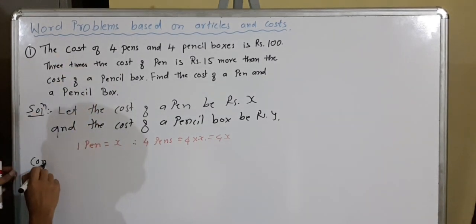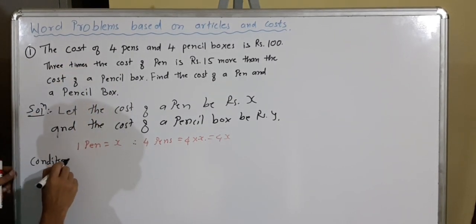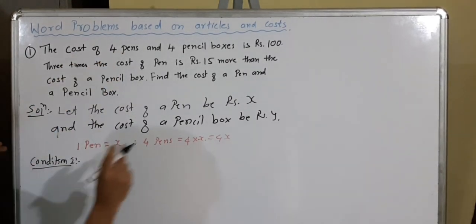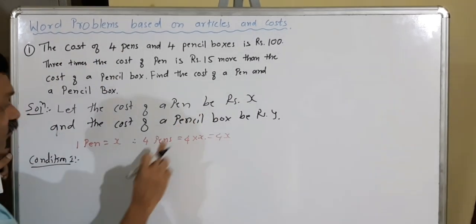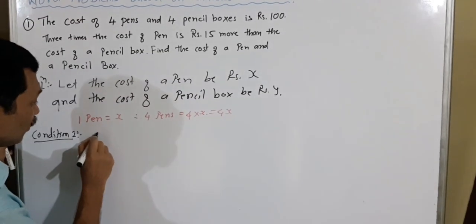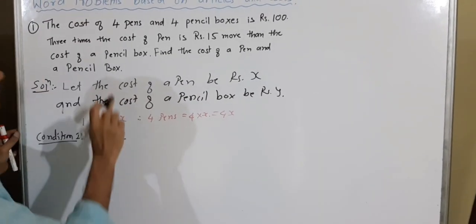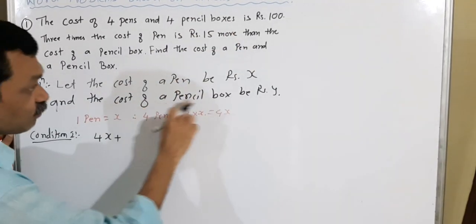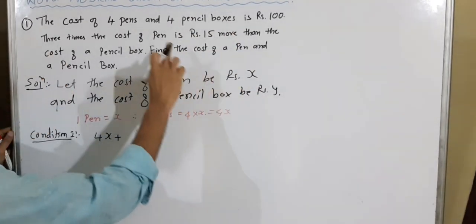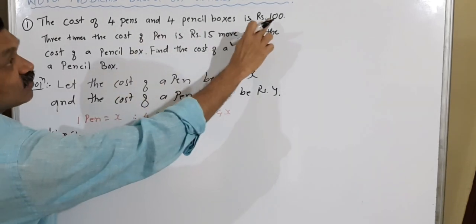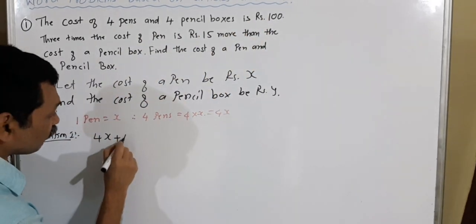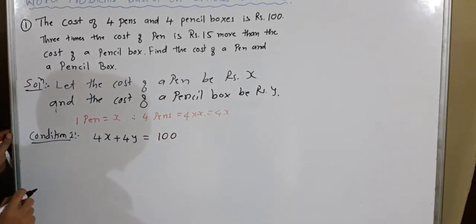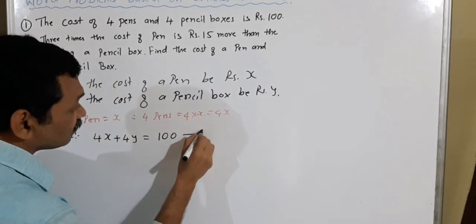In condition 1 it is given that the cost of 4 pens, so the cost of 1 pen is X, therefore the cost of 4 pens is 4X. So 4X plus 4 pencil boxes. The cost of 1 pencil box is Y, therefore the cost of 4 pencil boxes will be rupees 4Y. 4X plus 4Y is equal to 100. I am writing this as equation 1.